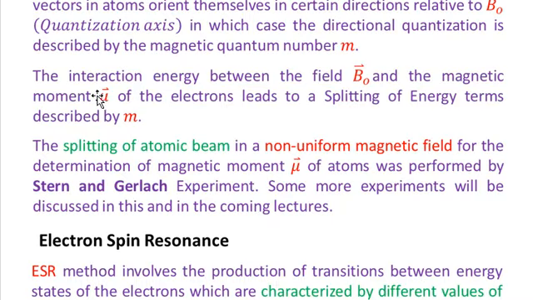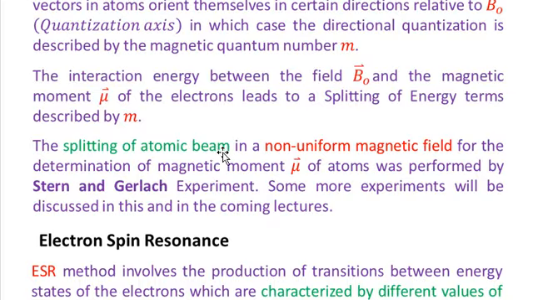The interaction between B naught and the magnetic moment mu of the electron will lead to the splitting of energy terms described by the magnetic quantum number M.